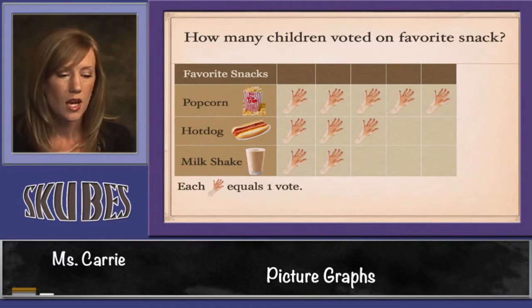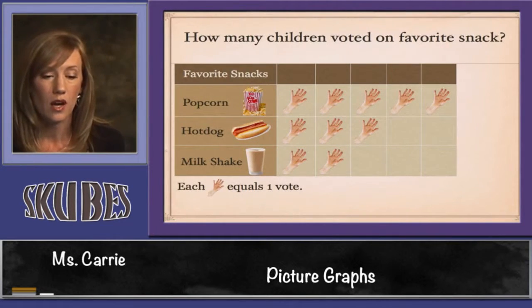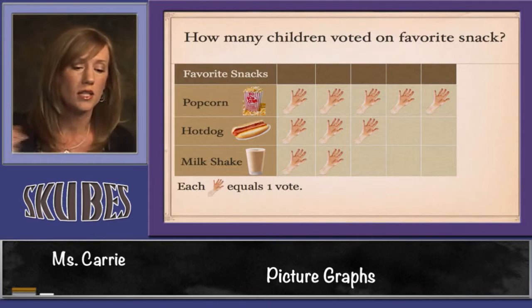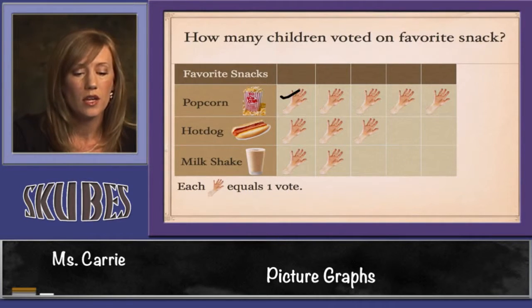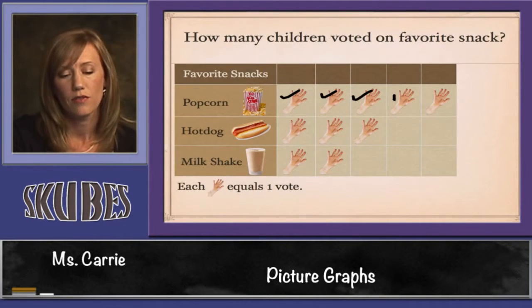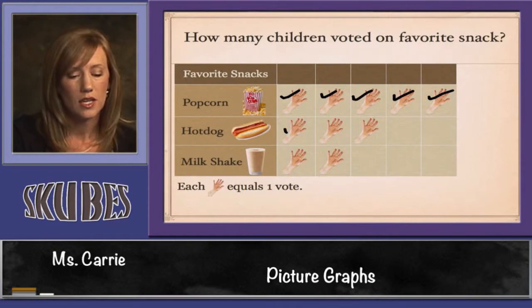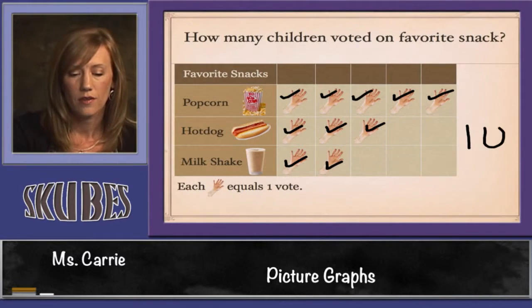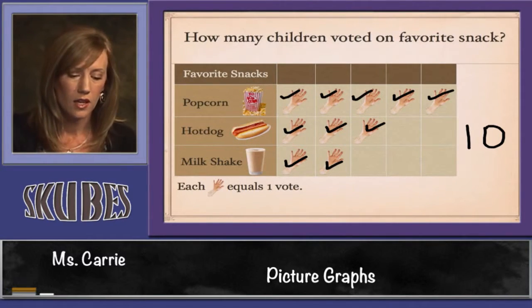Let's look at our question. How many children voted on a favorite snack? Well, to answer that, we need to count them all up because everyone voted on a snack. So there were 1, 2, 3, 4, 5, 6, 7, 8, 9, 10. 10 children voted on a favorite snack.